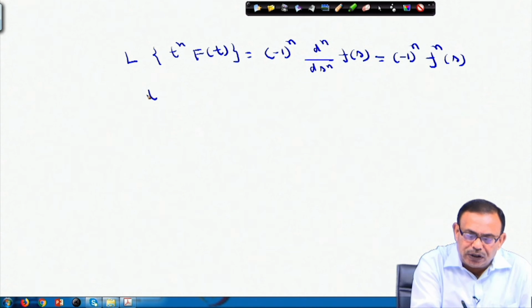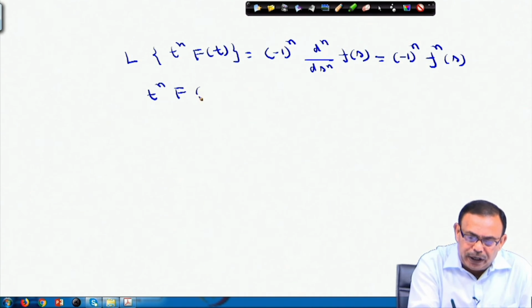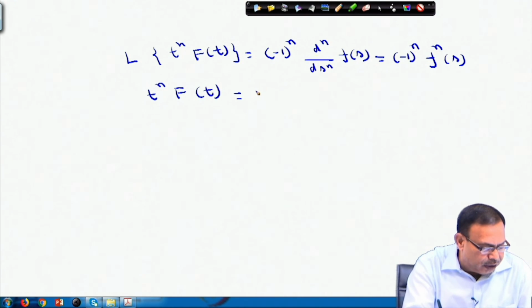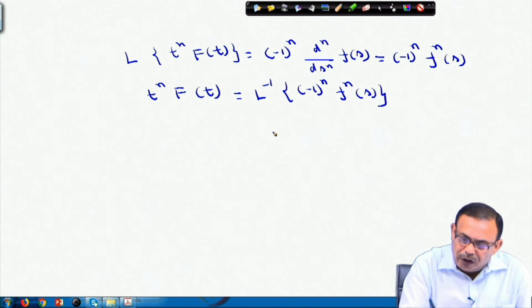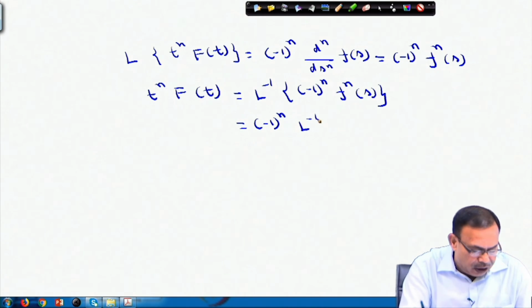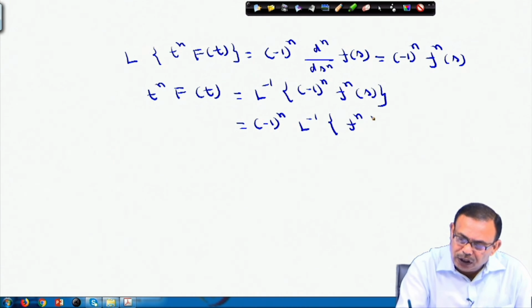Therefore, you can say that t to the power n into f(t) equals Laplace inverse of minus 1 to the power n into F^(n)(s). I can bring minus 1 to the power n outside, Laplace inverse of F^(n)(s).